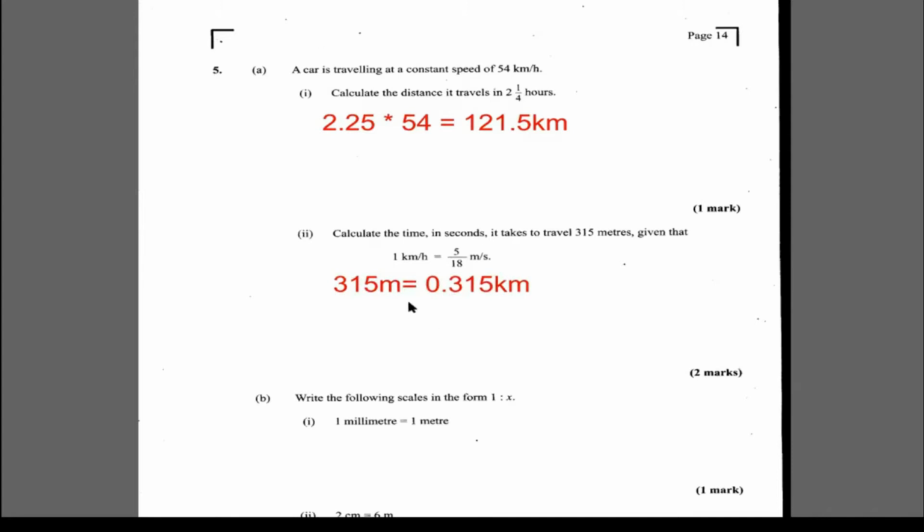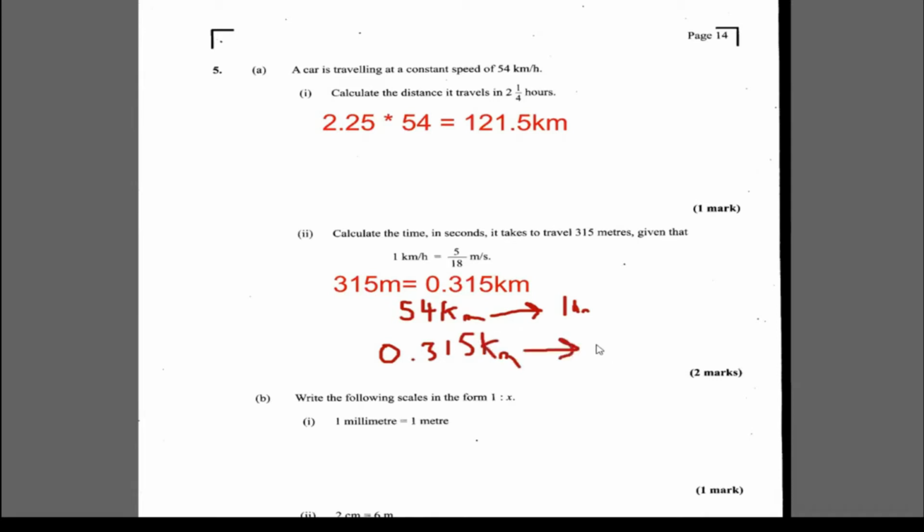Now look at this. It told us that 54 kilometers takes 1 hour. And so to travel 0.315 kilometers, that's going to take a certain amount of time that we don't know.